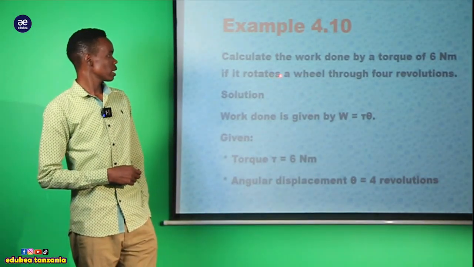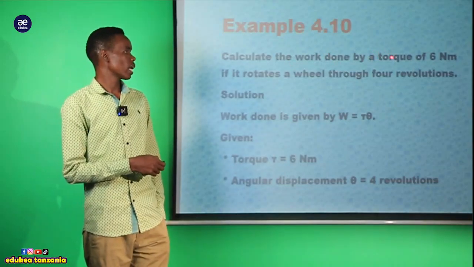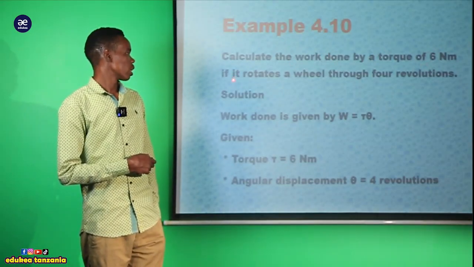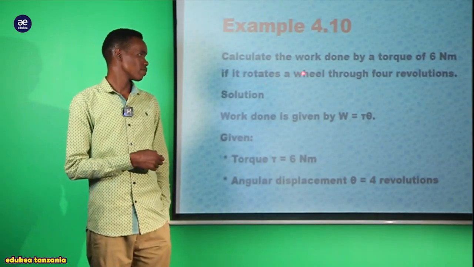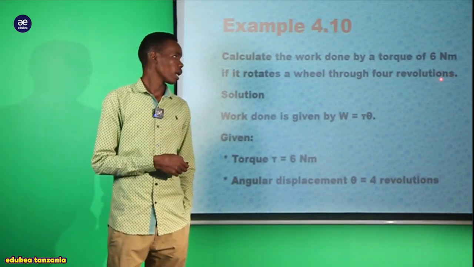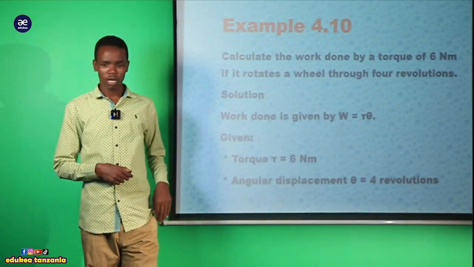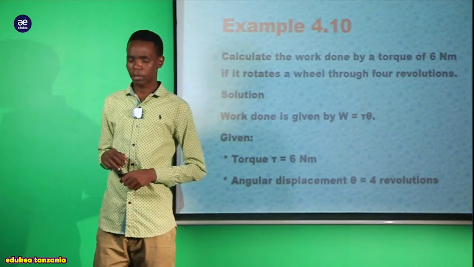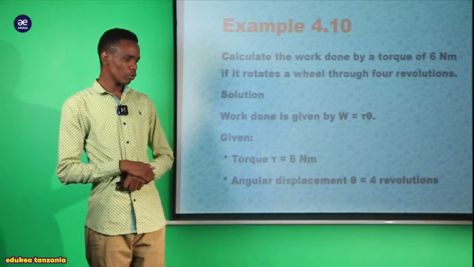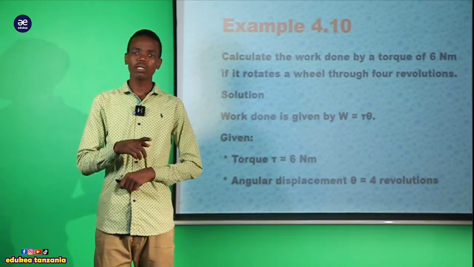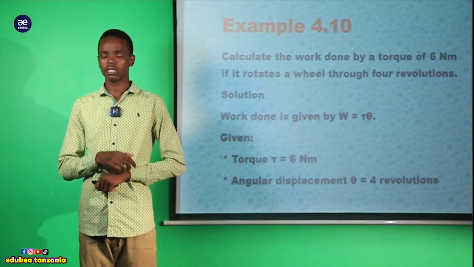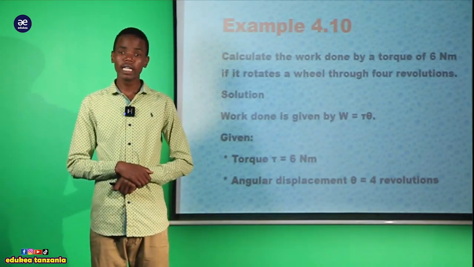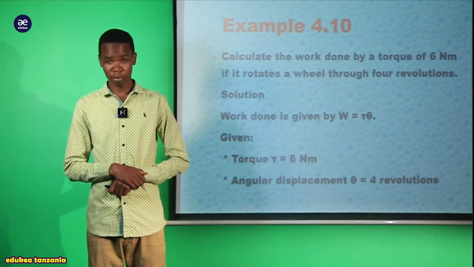So our question is: calculate the work done by the torque of 60 Newton meter if it rotates a wheel through 4 revolutions. As we try to observe our example here, imagine we have the wheel, and that wheel tries to rotate on its axis when the tangential force is applied.